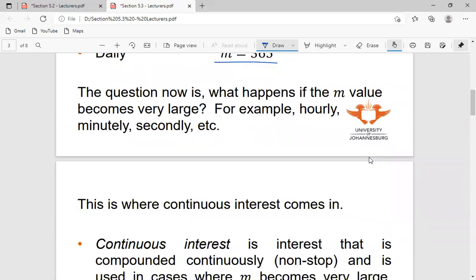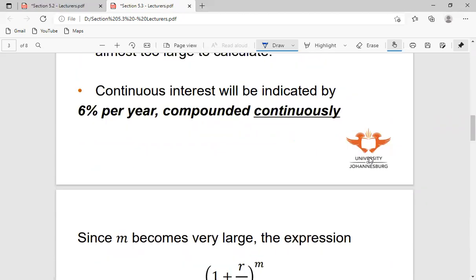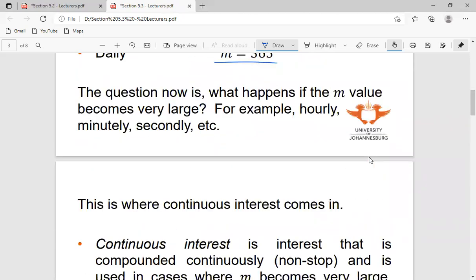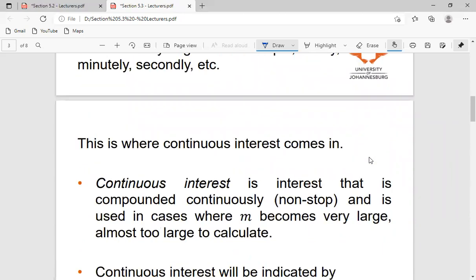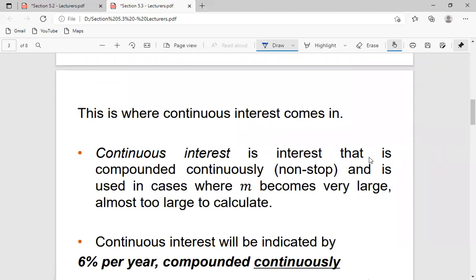So this is where continuous interest comes in. Continuous interest helps us handle interest calculations in which interest is calculated non-stop, continuously. So every second or every millisecond of the day, interest is being calculated for all the number of years that the loan or the investment is for.